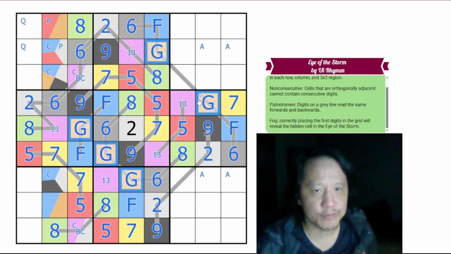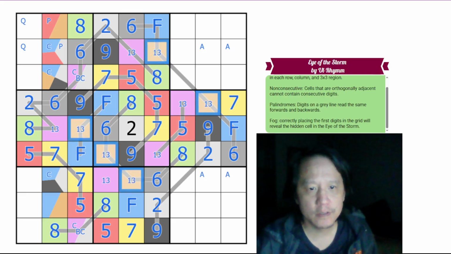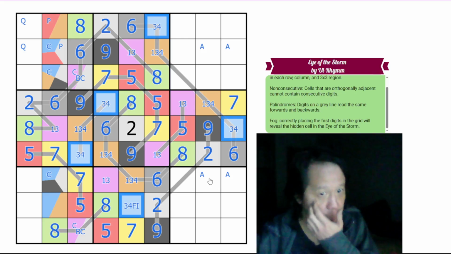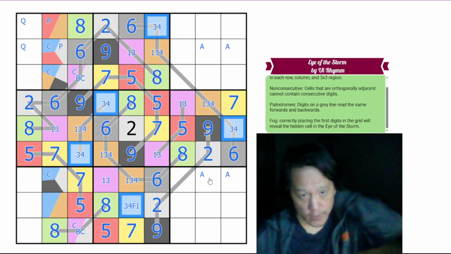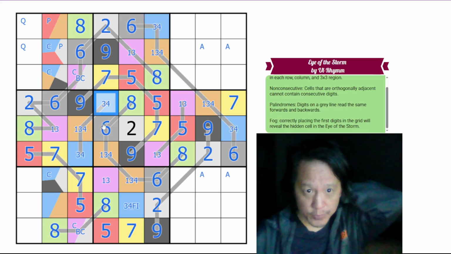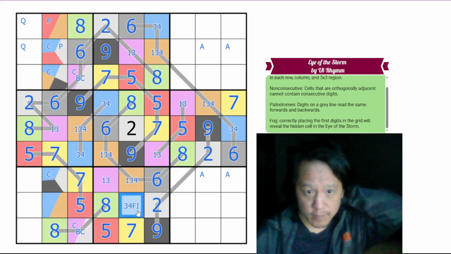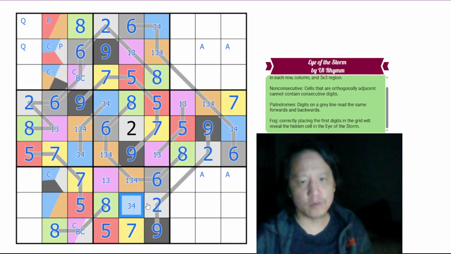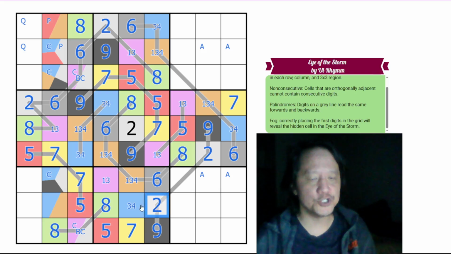G is 1, 3, or 4. And F is 3 or 4, I believe. Right? So, no. F cannot be 1 or 3. It has to be 4.